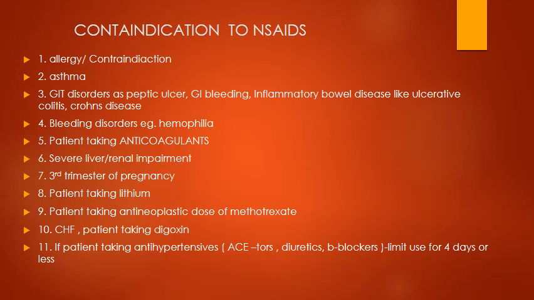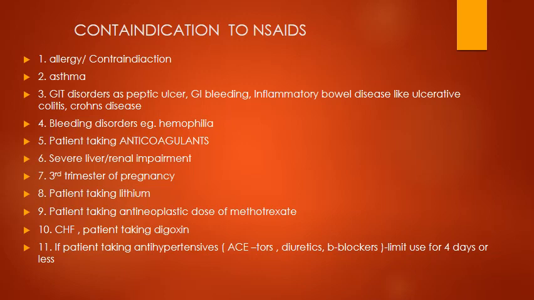ACE inhibitors, example enalapril, captopril; diuretics like hydrochlorothiazide; and beta blockers such as propranolol. In these particular classes, you will limit the use of NSAID to 4 days or less. So it becomes a relative contraindication.